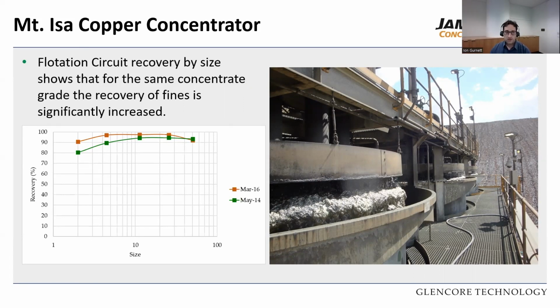What we found was we get the same concentrate grade, but a significant improvement in fines recovery. So in this case, we reduced the amount of equipment that needed to be operated, we significantly reduced the footprint, and we did better than the existing circuit, which is why this is one of our big success stories.